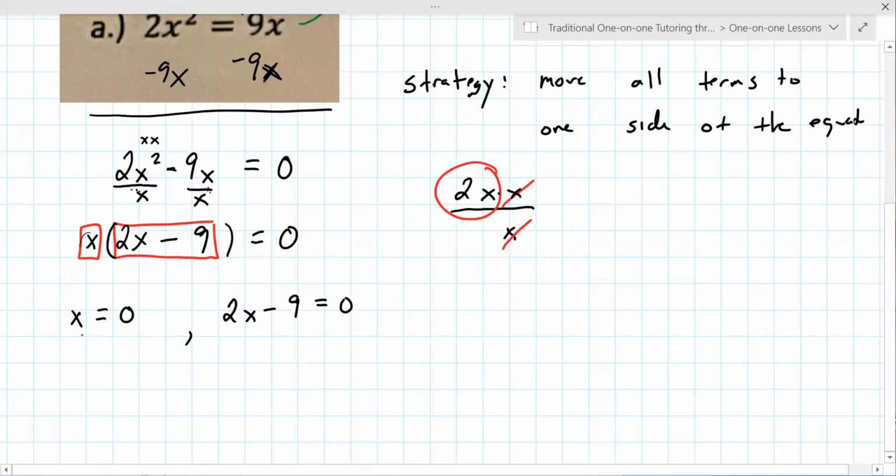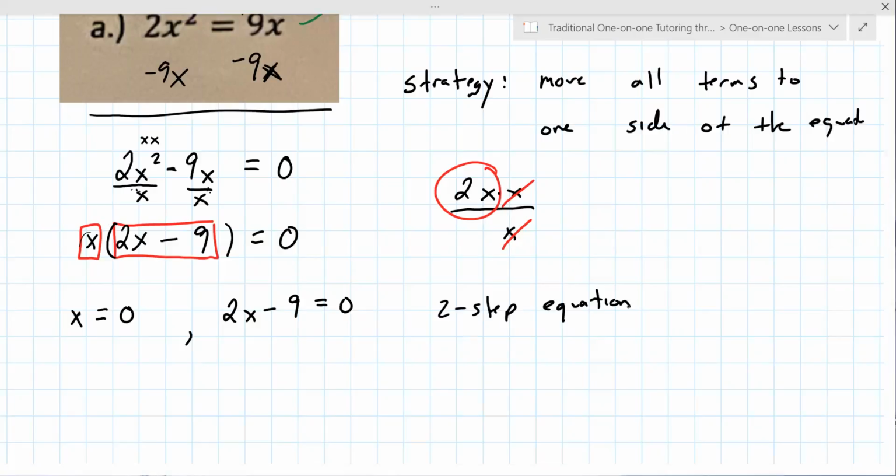Now the left one is already solved for x. How do you solve this one on the right? It's a two-step equation. How do you solve a two-step equation?